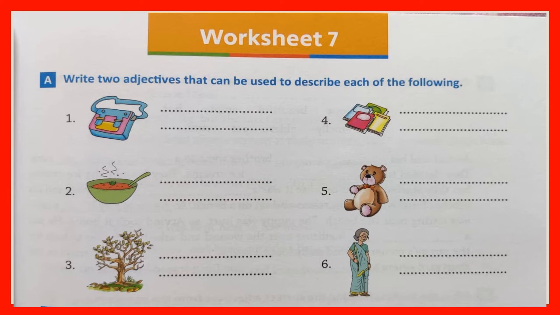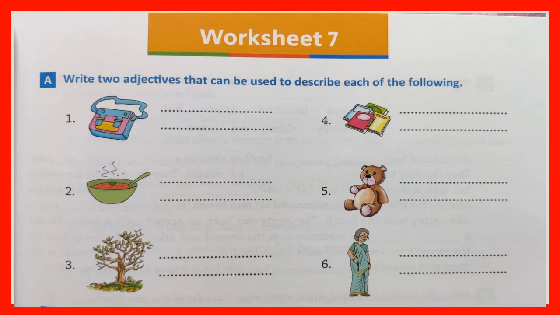Now look at the pictures, so you can write your own adjectives also. Let's start. Number 1. Can you see the picture? It's a bag. So what adjectives can you use for this bag? You can write new bag, old bag, colorful bag, a rectangle bag, right?